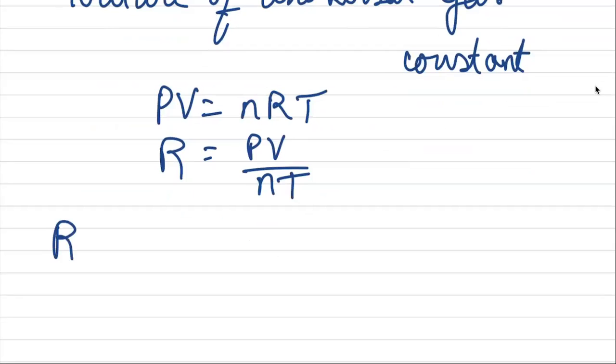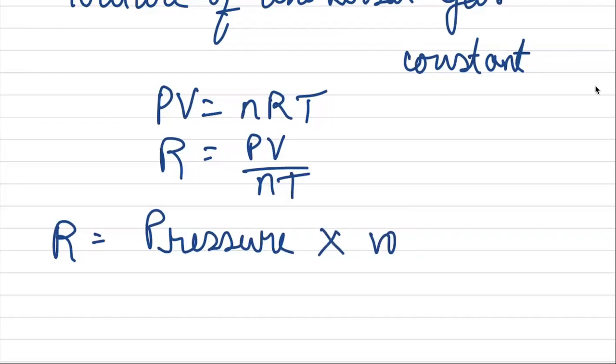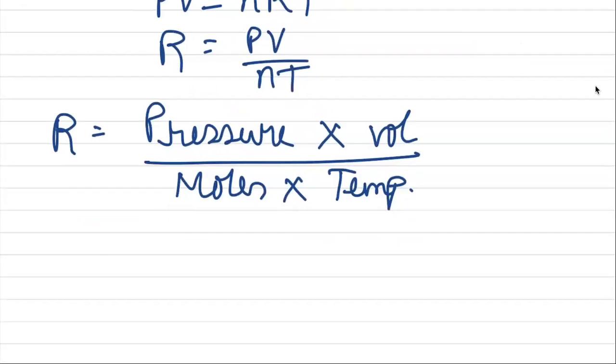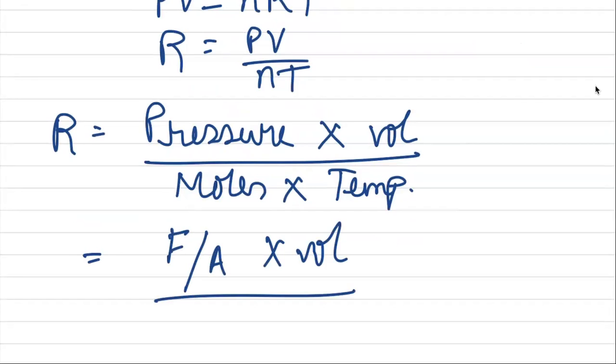P means pressure, V means volume, n is moles, and obviously T is temperature. Pressure means force per unit area. You have learned it in physics. So we can write F by A, force per unit area, into volume divided by moles into temperature.